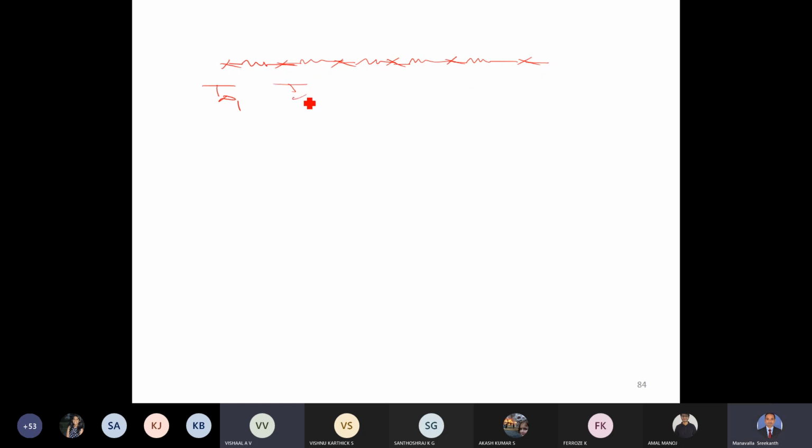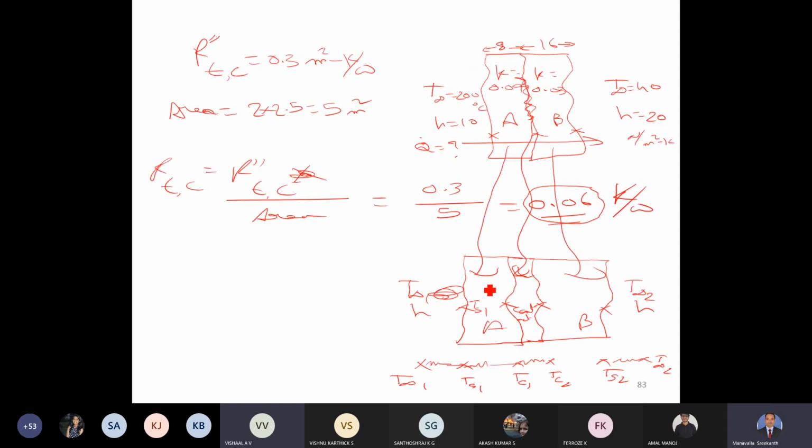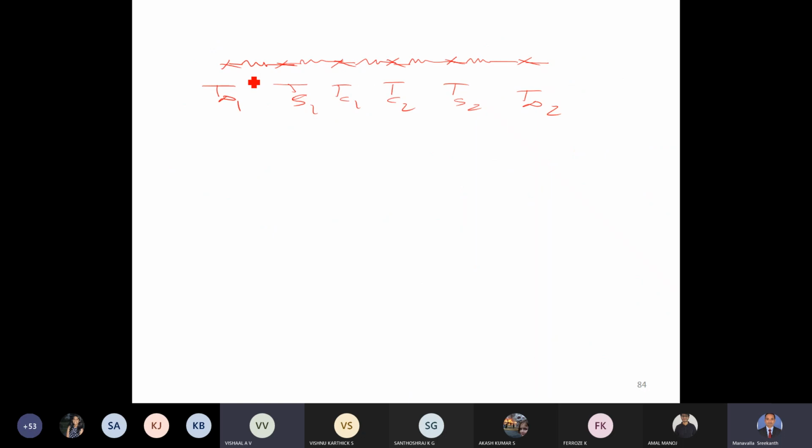Now the resistance between T infinity 1 and TS1 is a convective resistance, and these are conductive, and this again is a convective.